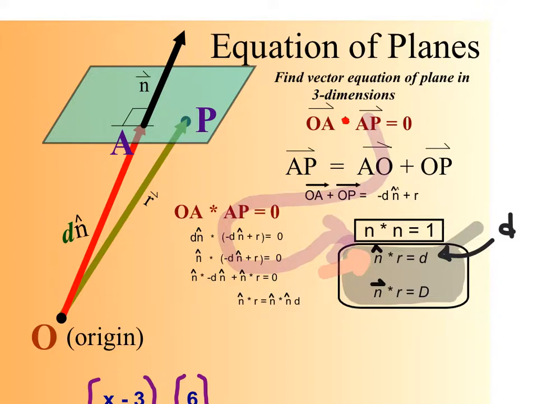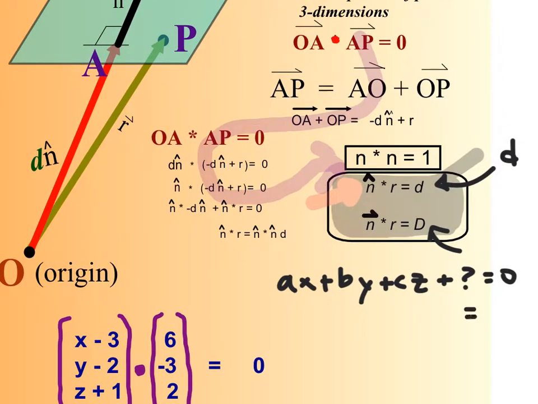And this uppercase D is this d right here. Whatever this value is, when I have it over on this side of the plane equation, that is capital D. Okay, so let's move to the next slide.